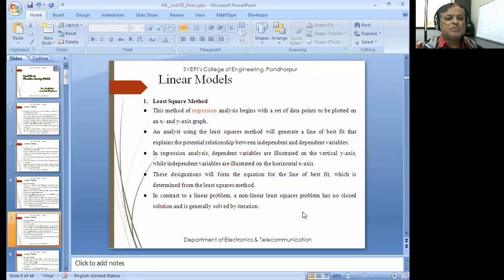These designations will form the equation for a line of best fit, which is determined from the least square method. So obviously you're going to apply the least square method, and then you're going to find the equation of the line that best fits there. In contrast to linear problems, a non-linear least square problem has no closed solution and it is generally solved by iteration.